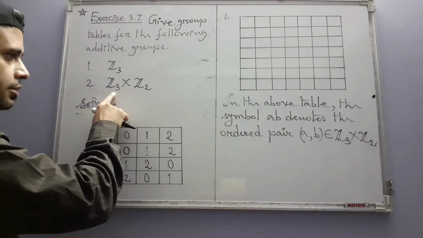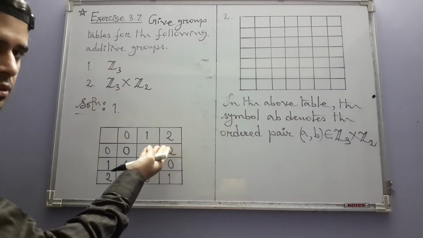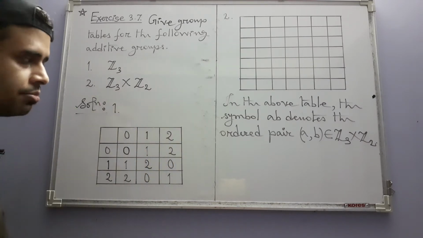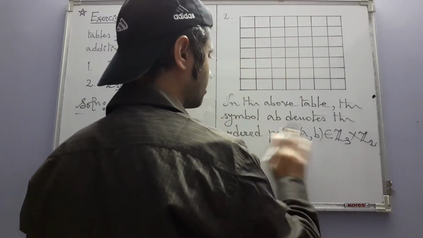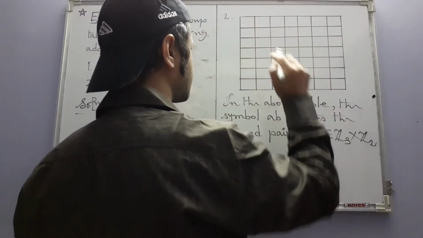So in Z3 we have 3 elements. These are the 3 elements. In Z2 we have 2 elements. So these are the elements according to our new notation in this Cartesian product.